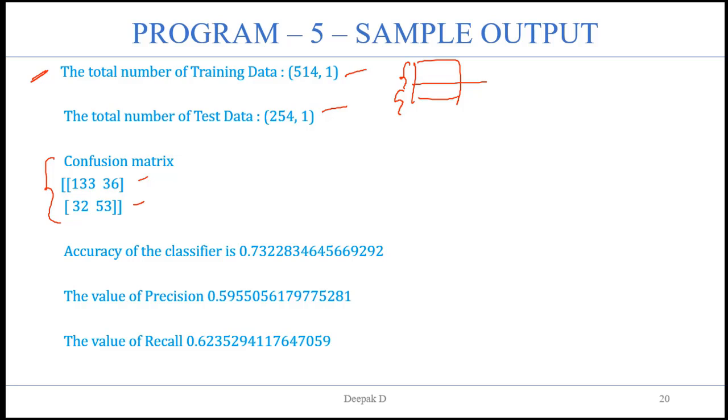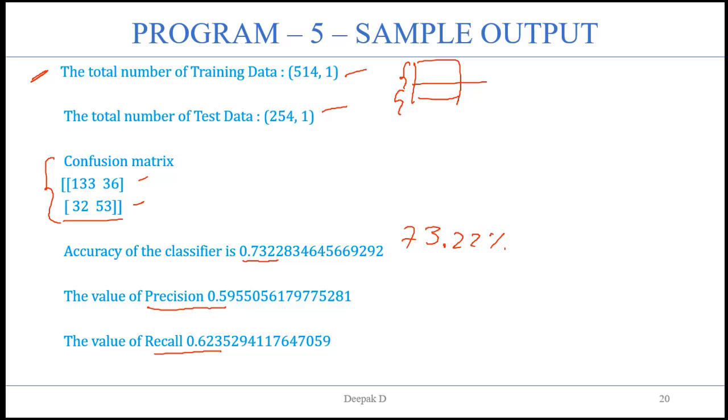For this training instance the accuracy is 0.7322, which means the accuracy of the model is around 73.22%, the precision is 0.59, and the recall value is 0.623. So this is the output of your program.